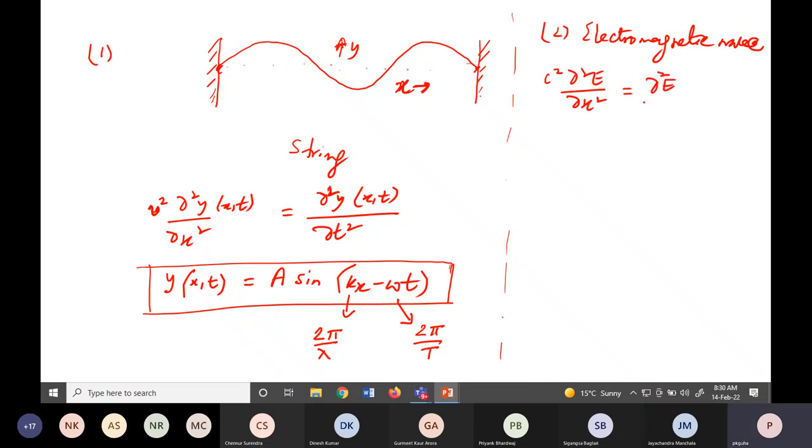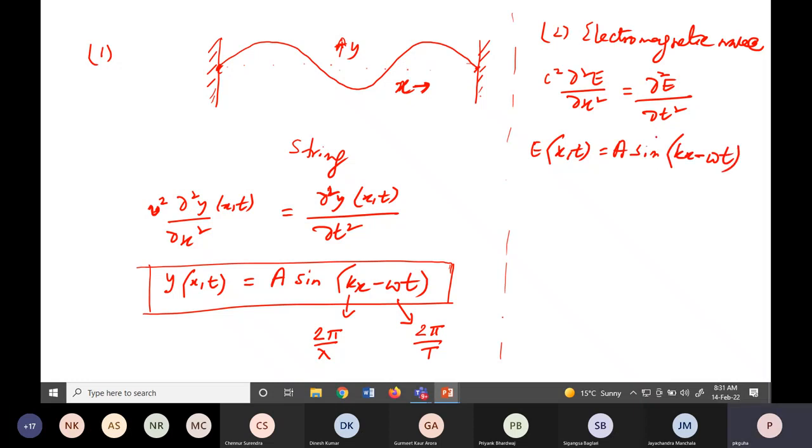Okay, similarly you can write, so you see these equations look similar, right? c squared, that is the velocity of light, d2E/dx2 equal to d2E over dt2. And again we can write the solution in a similar form, right?